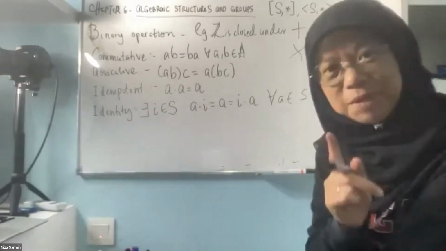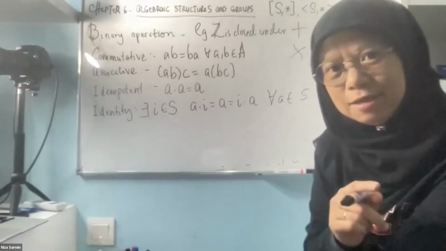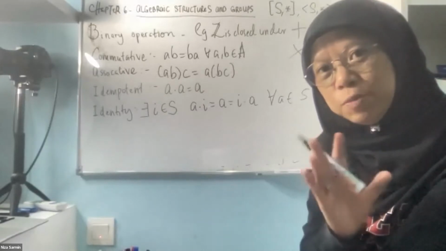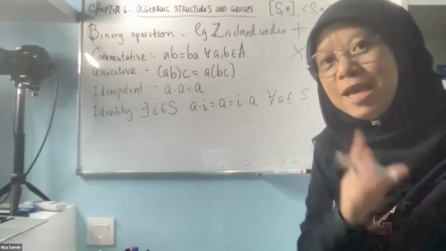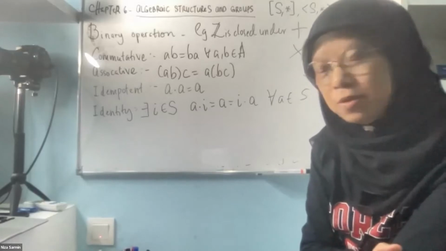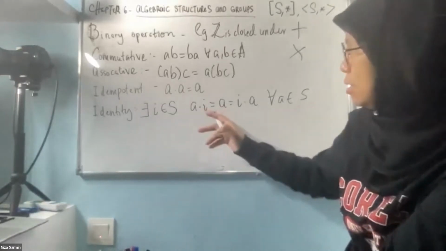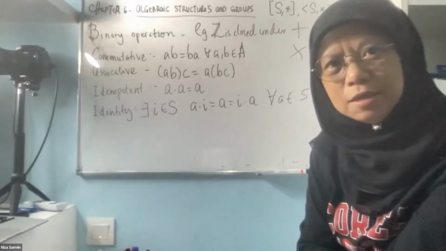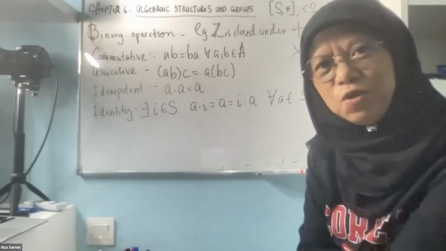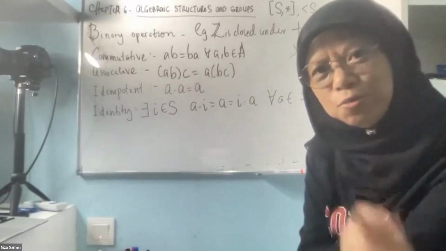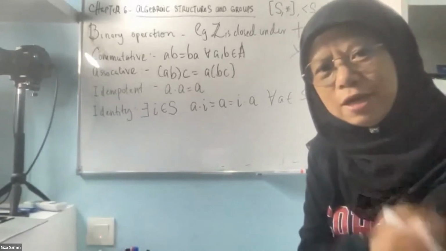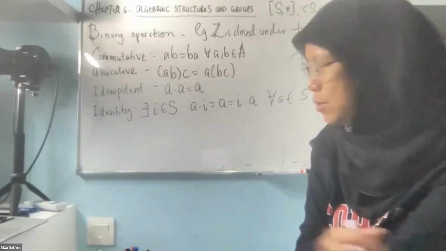There is one element inside that set such that when you do the operation on the left or right, A stays the same. Now I will give you a set and operation and try to give me the identity.